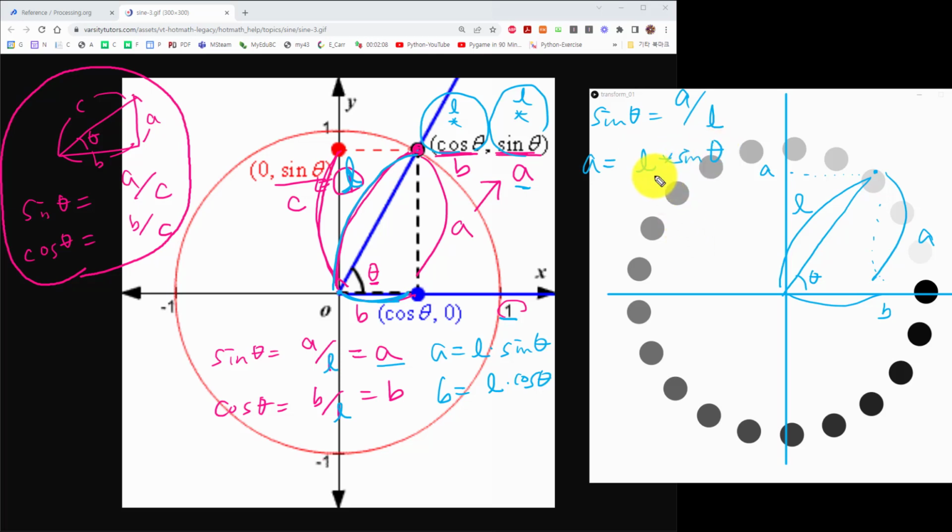If you know the distance from the center of the coordinate and the angle theta, you can know the y coordinate. That's why we need sine and cosine.